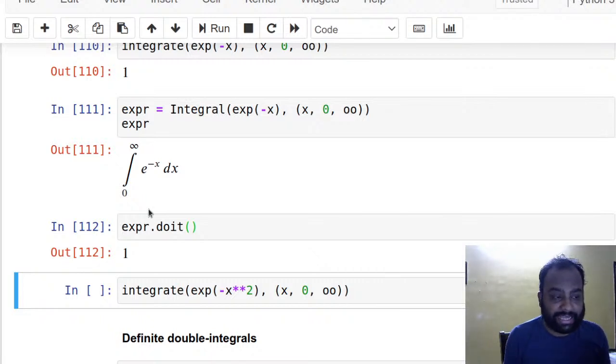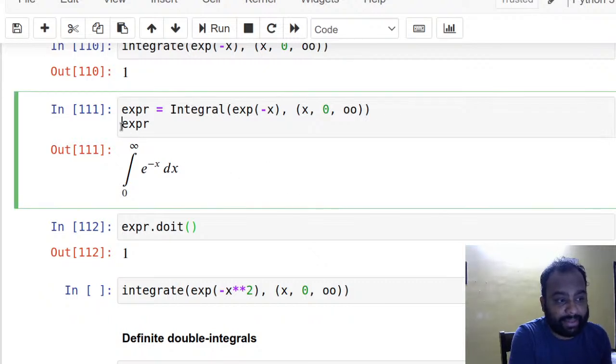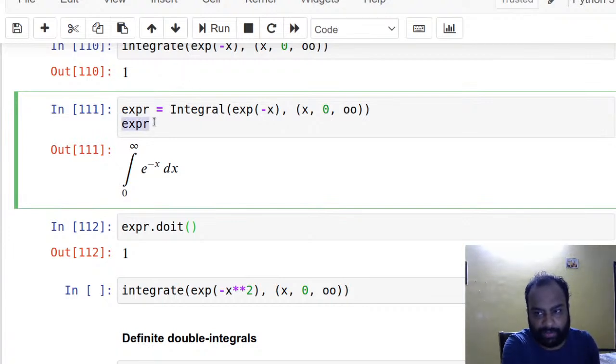Okay. Now you might say, what is the advantage of keeping something unevaluated, right? The advantage is that sometimes you have this integral, but you might want to do some other things with it. Maybe you want to multiply something with it. So you can manipulate this expression as just another expression and evaluate it later.